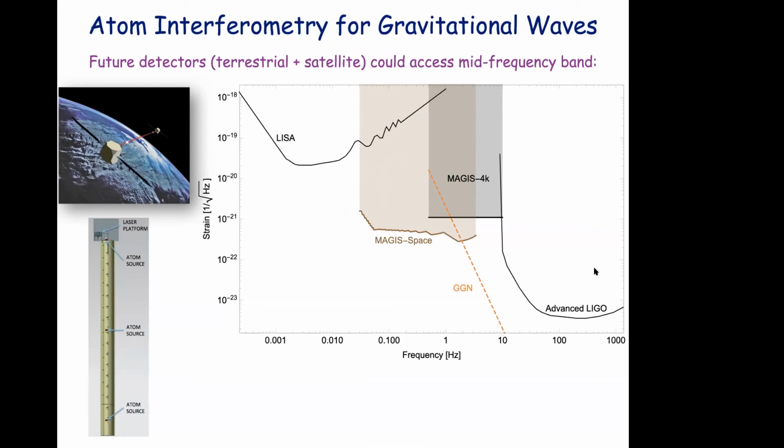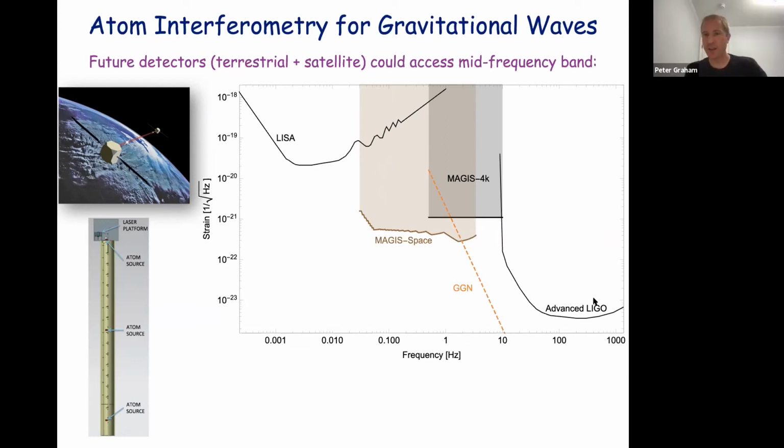Wouldn't the total duration of the measurement campaign also set a lower frequency cutoff? Very good. That's right. Absolutely right, in principle. I'm just assuming, you can see I've only gone down to about 100th of a hertz or a 30th of a hertz. We would be running these things essentially continuously.